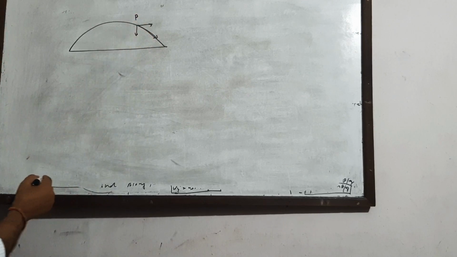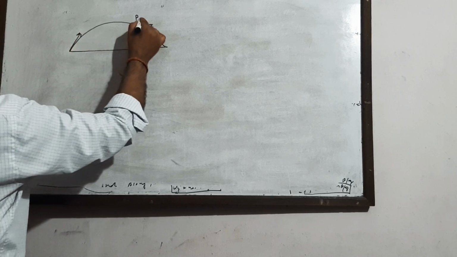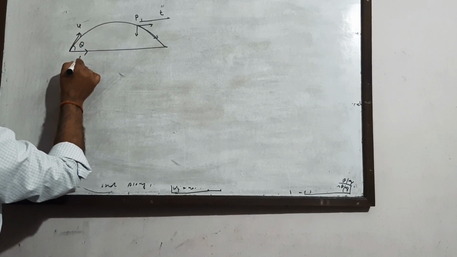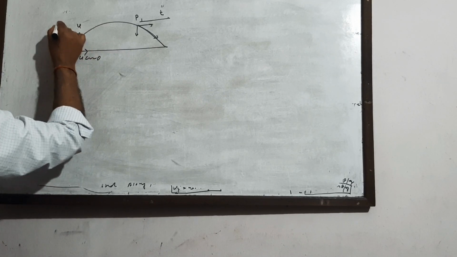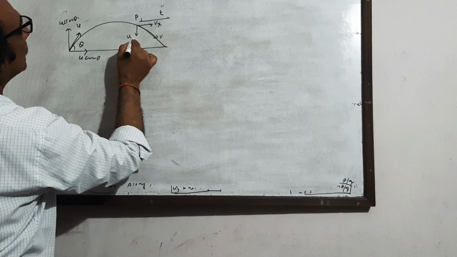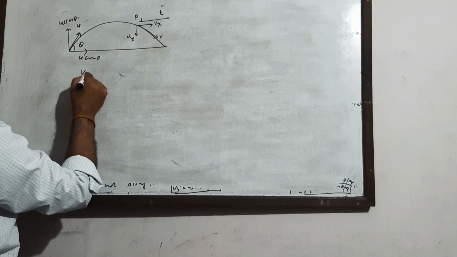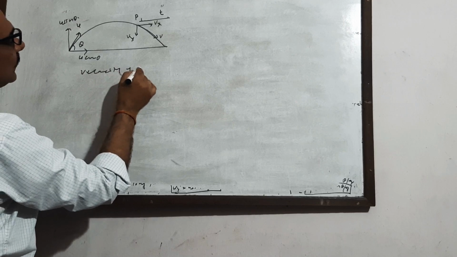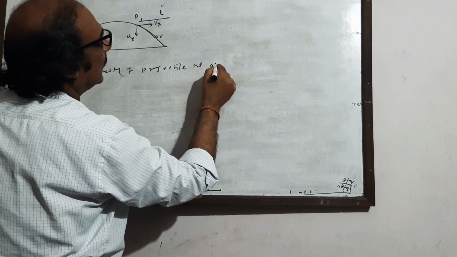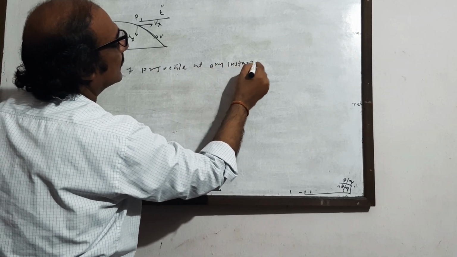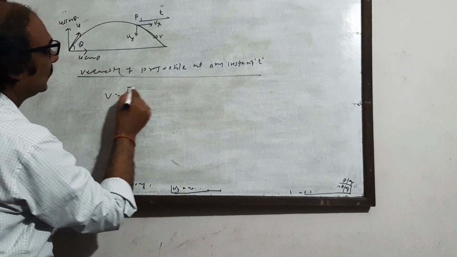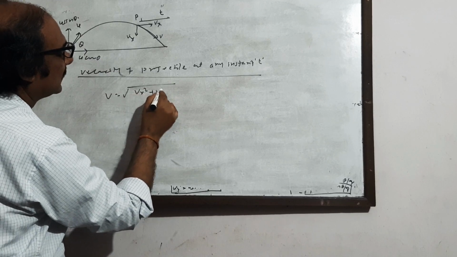If the projectile reaches the point P after the time t, this is u, theta, u cos theta, u sin theta, and here is v, this is vx, and this one is vy. So v equals the square root of vx squared plus vy squared.